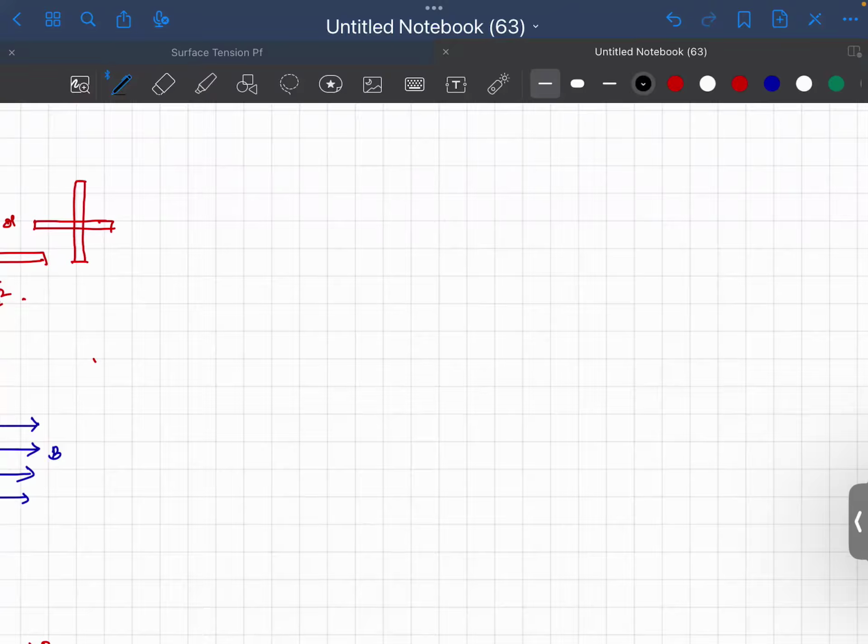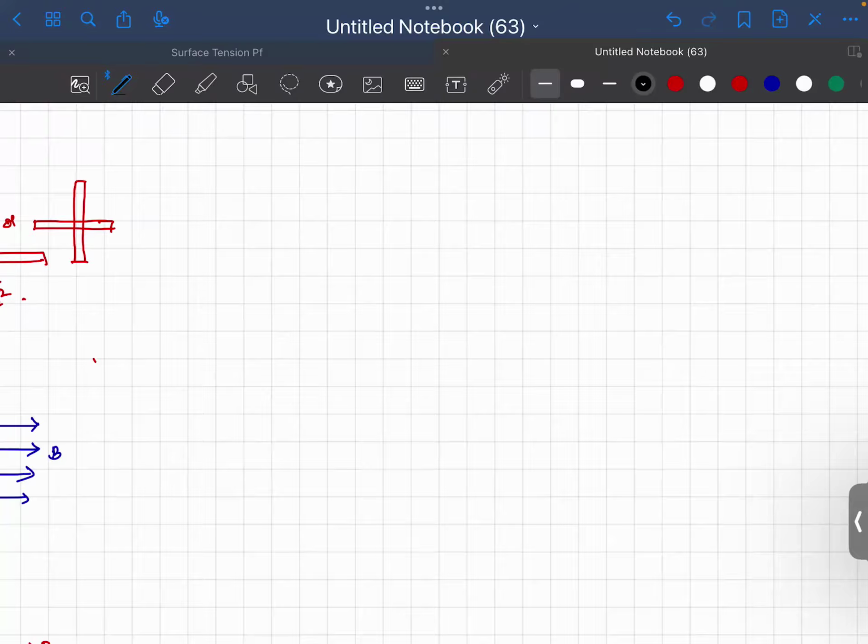Actually, I don't know to what extent these things are considered part of the syllabus, but still it's my responsibility to discuss them. Earlier, this chapter was considered huge because of different combinations. Now, fortunately, they have reduced it, and finally you got a very simple content under this chapter.